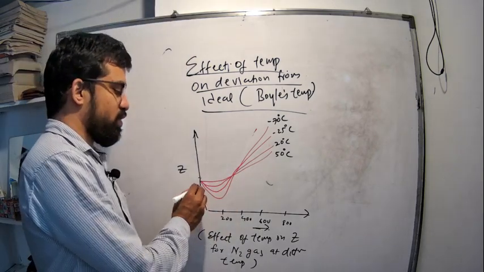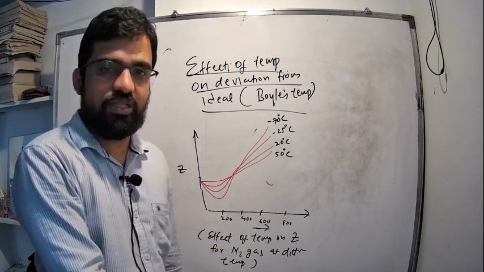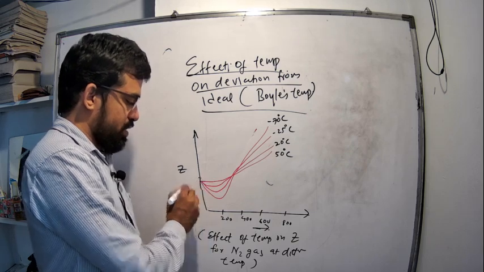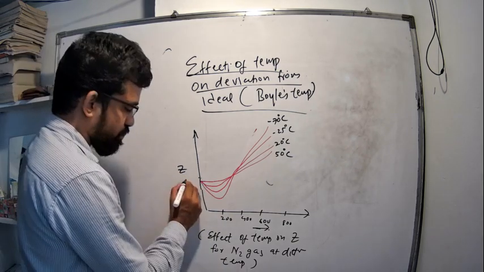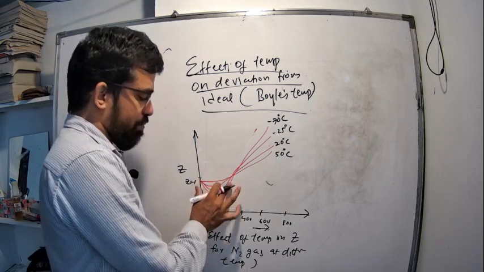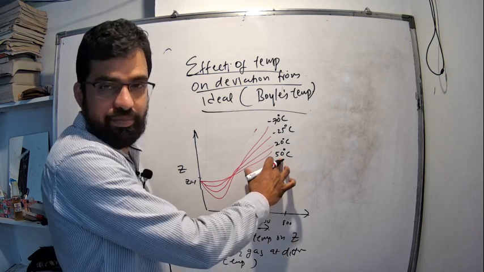For nitrogen gas, Z is equal to 1 in an appreciable range of pressure at 50 degree.